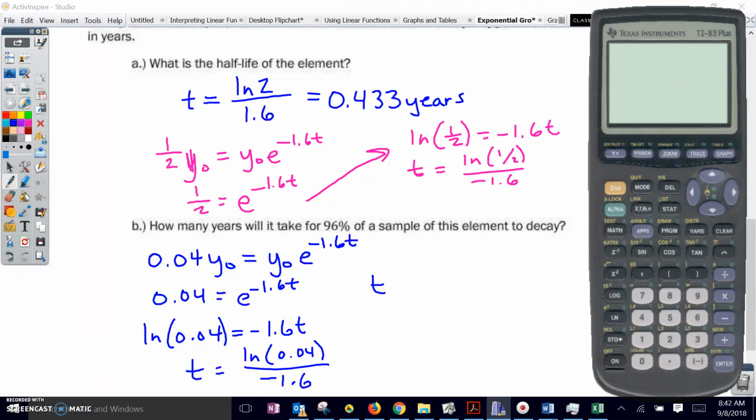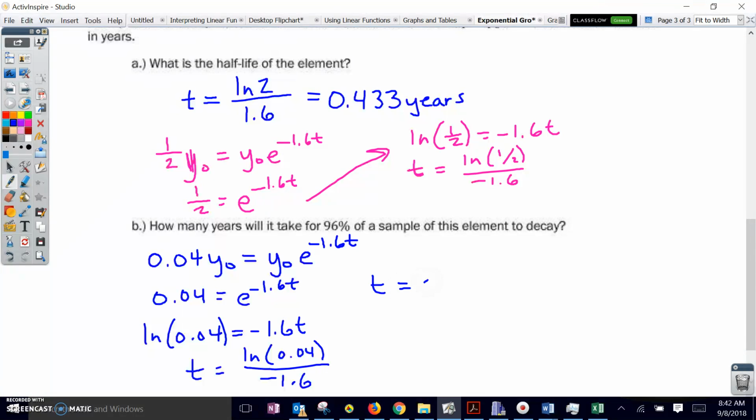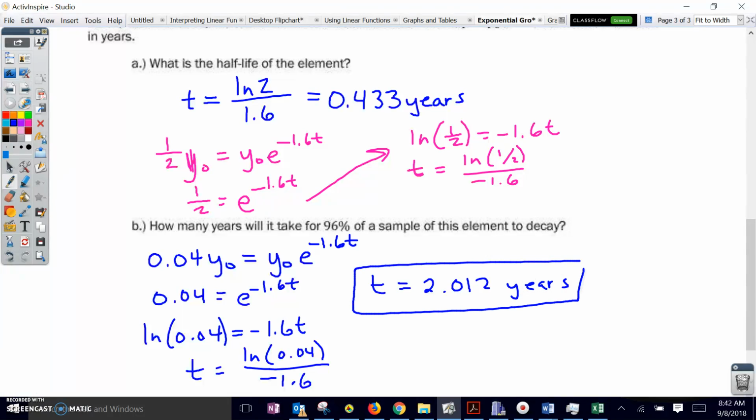And I've got natural log of 0.04 divided by negative 1.6. And it should take 2.012 years until we're left with 4% of the sample, and therefore 96% of the sample is decayed.